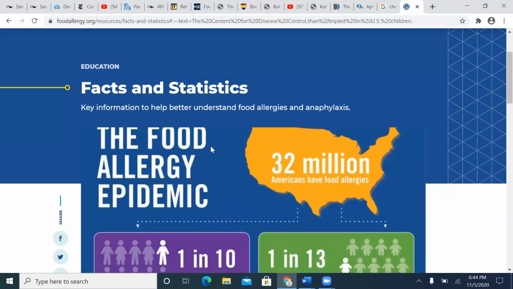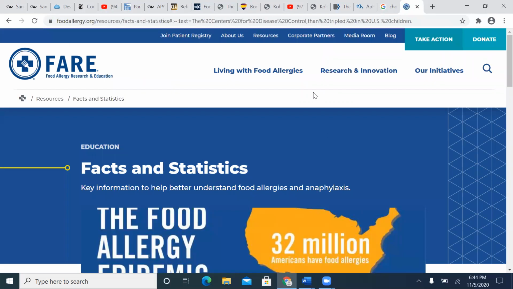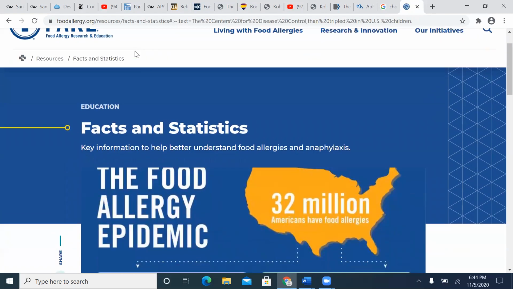Right, so I'm going to go ahead to this source and I'm evaluating my source. It's a .org. Okay, so I know that it's an organization that's for a particular cause. In this case, it seems to be the cause of allergy research and education. That's important. Right, so I'm going to go ahead and scroll down a little bit.